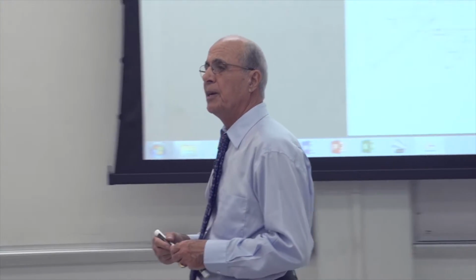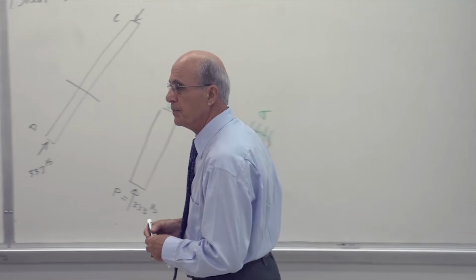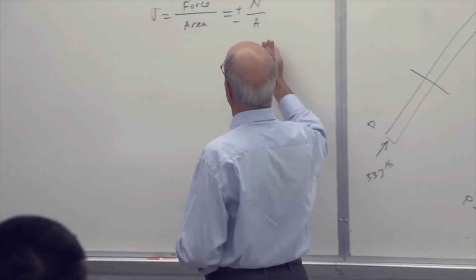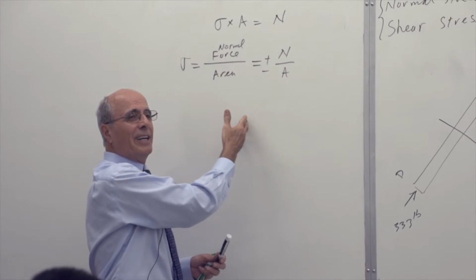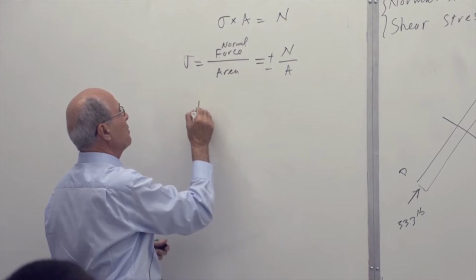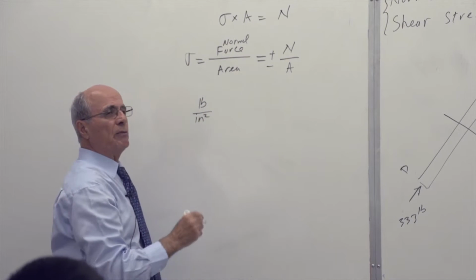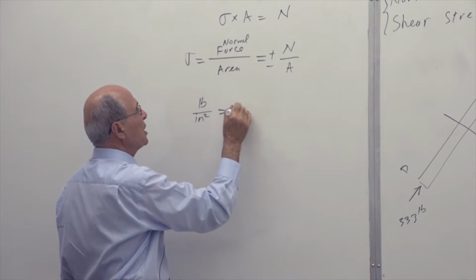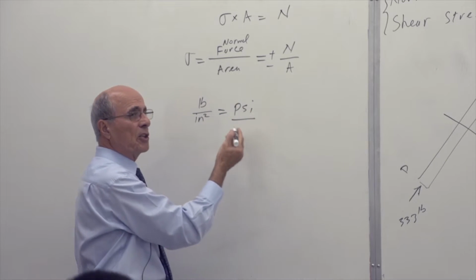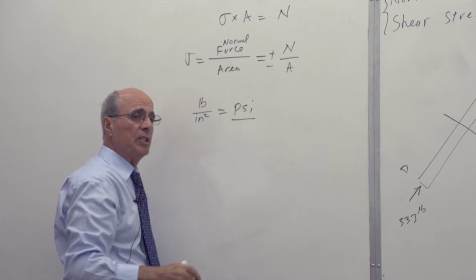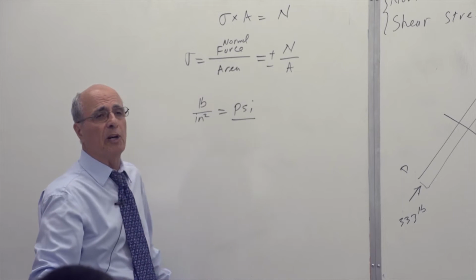What would be the unit of that? It is force over area. So what will the unit be? Pound over inch square, which usually we call PSI. So learn this one, because this is engineering work. This is what you see in the book, but this is the one I want you to use.